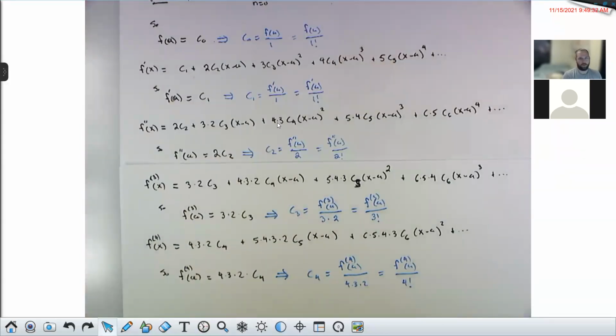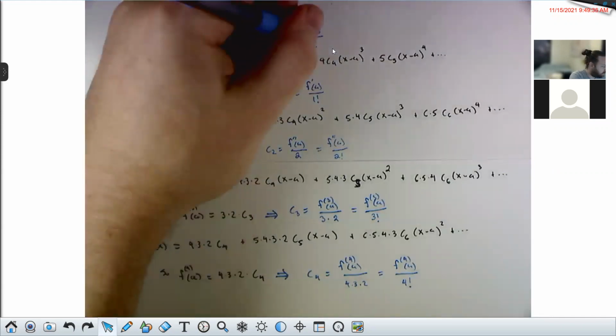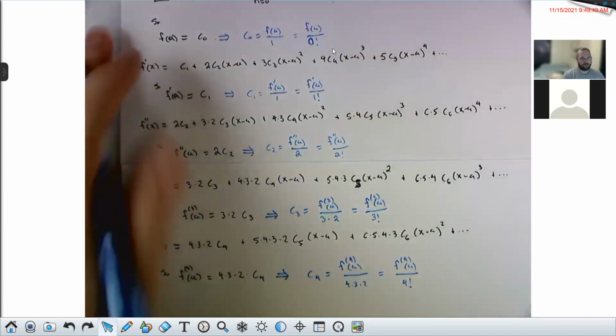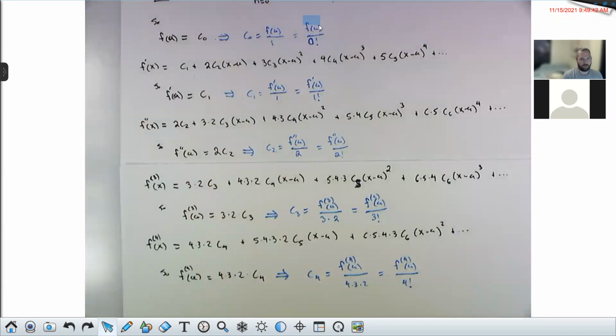So the pattern in blue is pretty clear. Sorry, 1 is 0 factorial. C0 is the 0th derivative. We differentiate 0 times, plug in A, divide by 0 factorial. C1 is the first derivative evaluated at A divided by 1 factorial. C2 is the second derivative of F evaluated at A divided by 2 factorial.